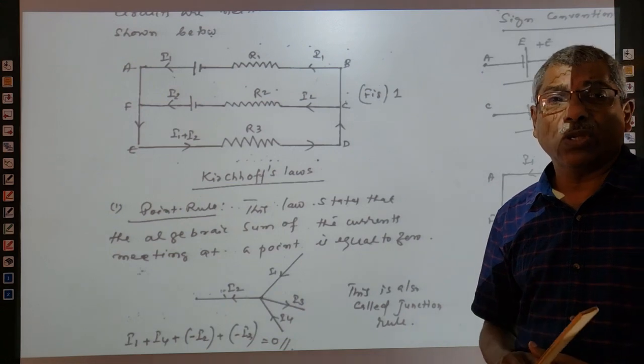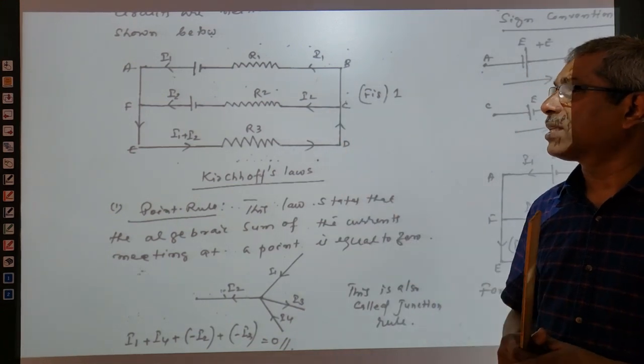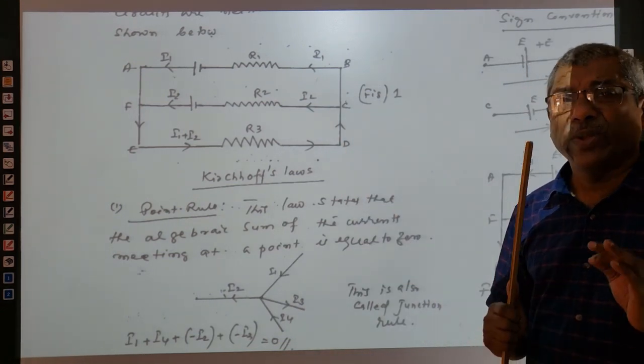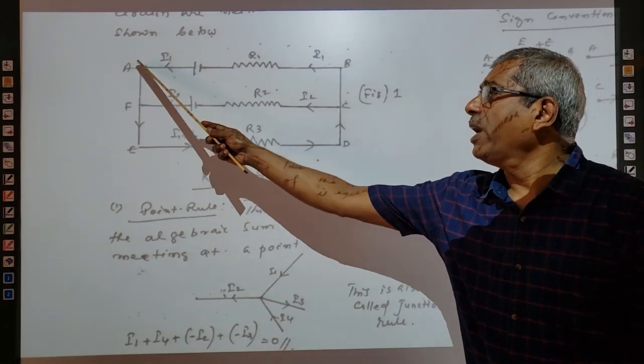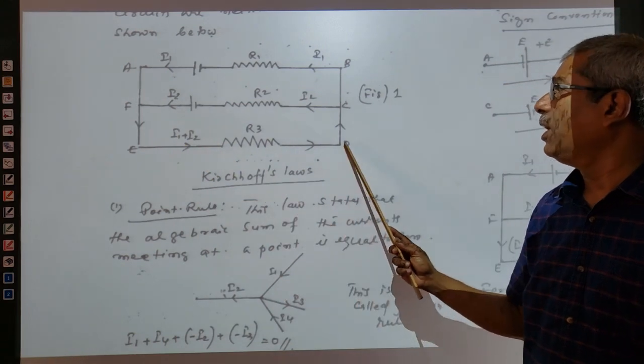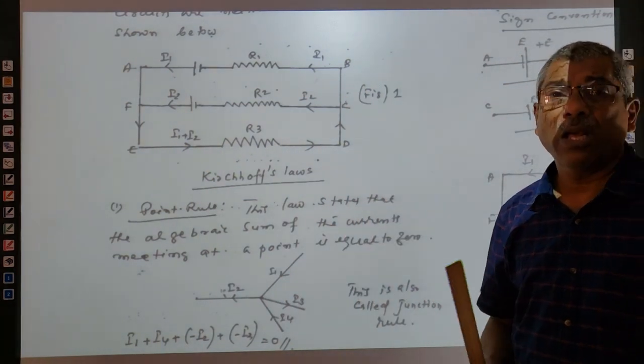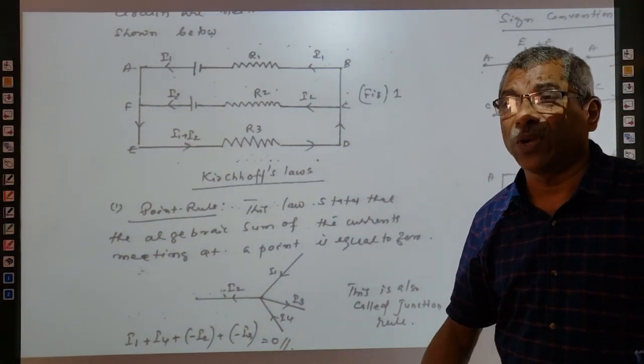Whenever we use Kirchhoff's laws to solve this kind of complex circuits, it is very necessary that at every junction, A, F, E, D, C, B, etc., the point rule must be satisfied.